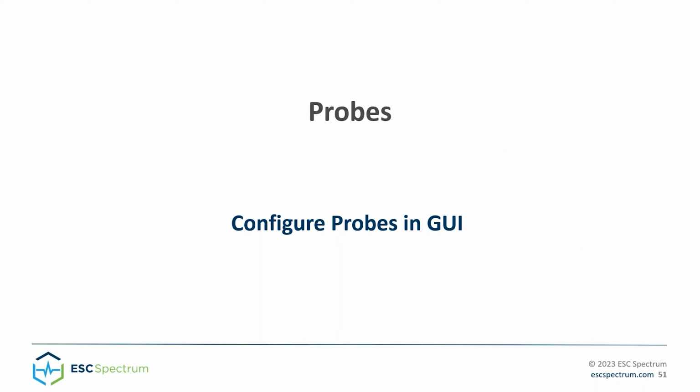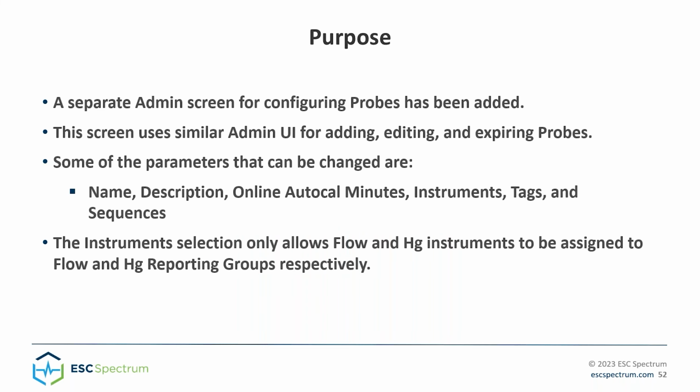Probes, this is another example of moving database operations to the UI. We have a probes administration screen. It's adding, editing, expiring probes. There's a good amount of validation here. For instance, flow and mercury instruments can only be assigned to flow and mercury reporting groups.